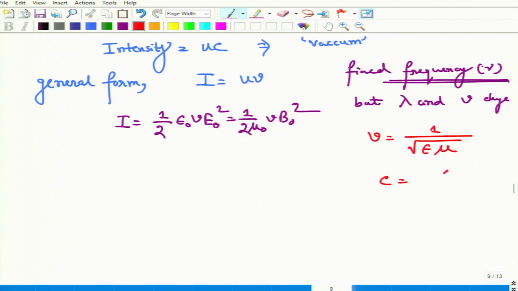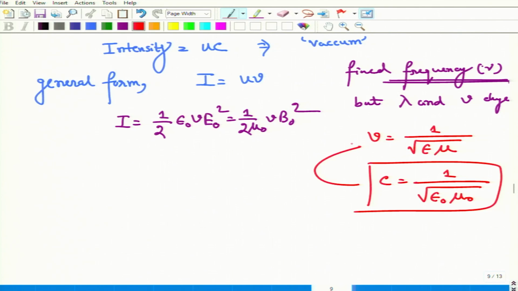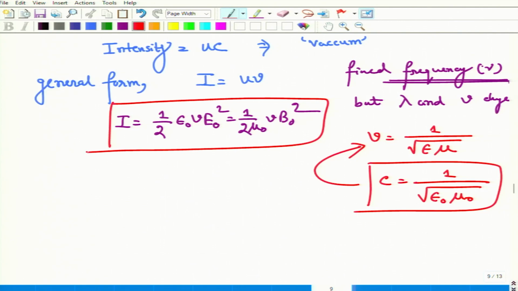We know that the form of c is 1 by root over epsilon naught mu naught, which is for free space, vacuum. If it is not free space, that is a medium, then it will be reduced to this. So this is the form of the velocity. Here we can also replace the value, but this is a general expression of the intensity.